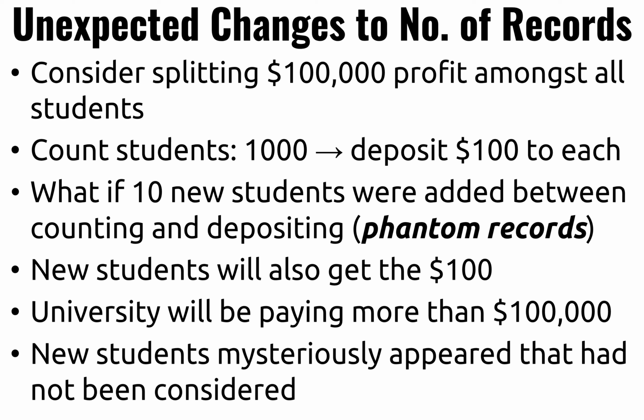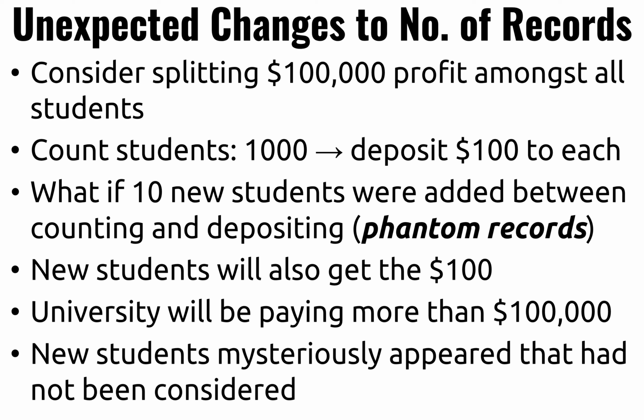But between the time of making the read of calculating that there's 1,000 students, there might be new enrollments into the department. And now we have perhaps 10 new students. So when I go and make the update of depositing $100 into each one of those students, instead of depositing into 1,000 students, I'm going to deposit into 1,010 students.